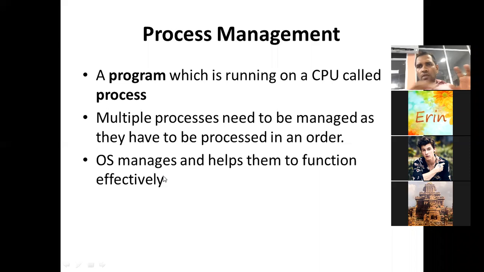So there is a person or there is an object to manage all these processes, because you have to arrange all the processes in a specific order. Then only your processes will take place in an orderly manner.